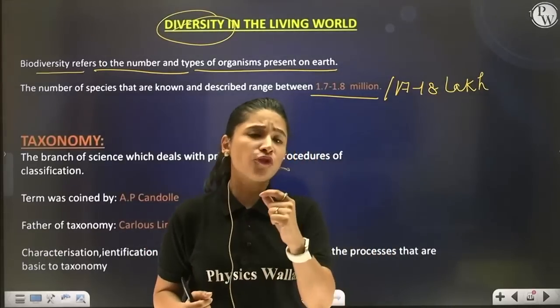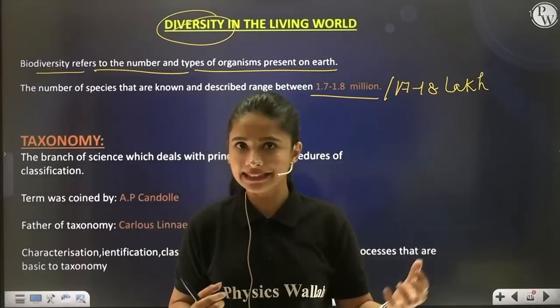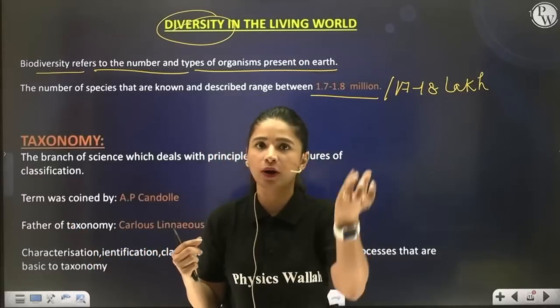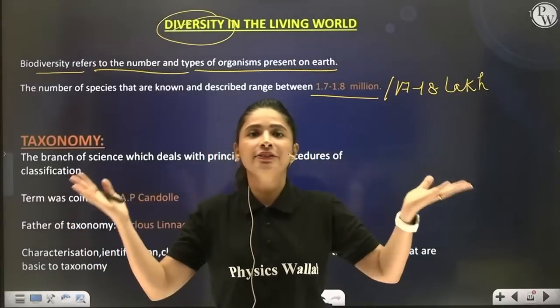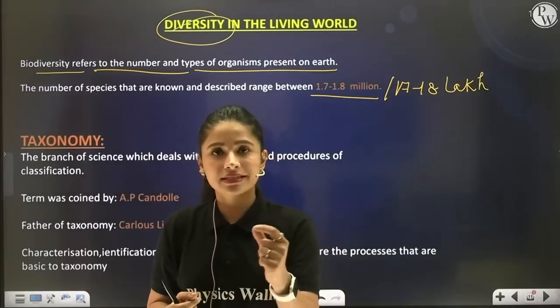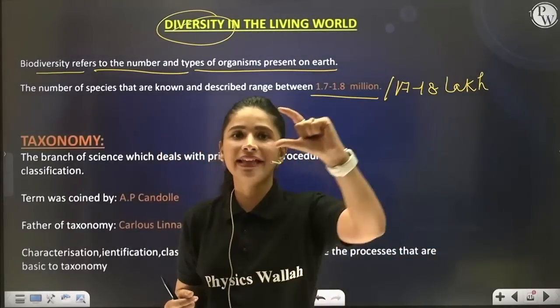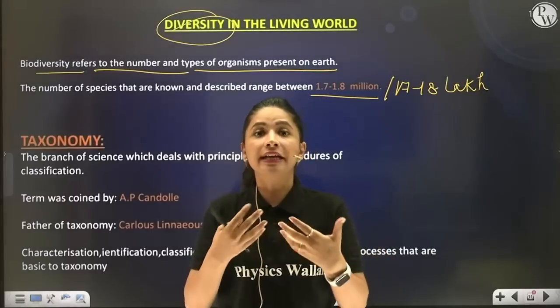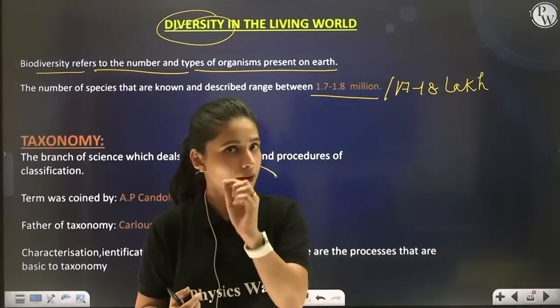Now, for example, a scientist, a taxonomist goes and finds a new species, an organism which is still not discovered, not known to the world. So what is that scientist going to do with that specific organism? Will try to study the characters first, right?